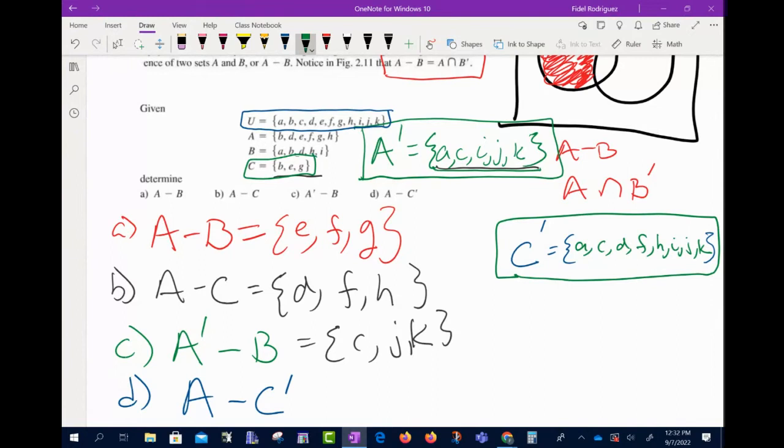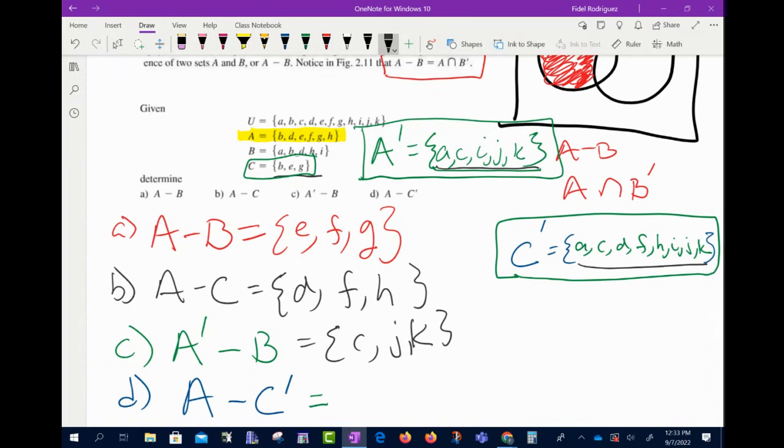Okay. Now, in order for us to do A minus C complement, what we're going to do now, y'all, is look at the set A. I just highlighted it for us. Let's look at those letters. We're going to pick those letters as long as they don't fall right here.